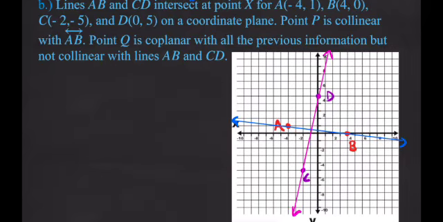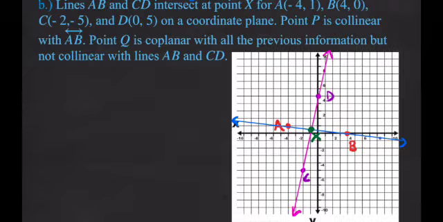Okay. So we have line AB and CD. We did the first part. We need to find out where point X is. Well, X is just the intersection, the point that they have in common. So this is point X right here. Lines AB and CD intersect at point X.